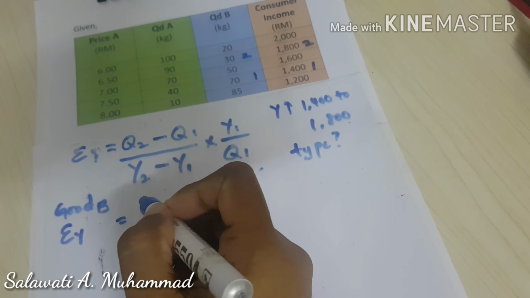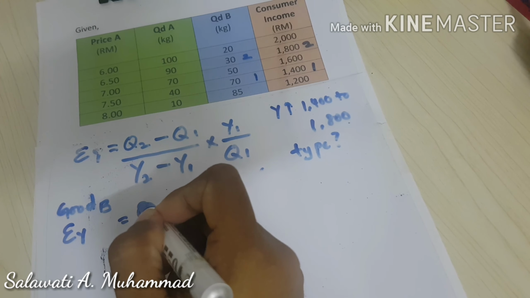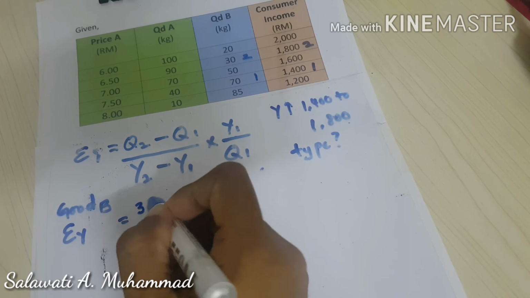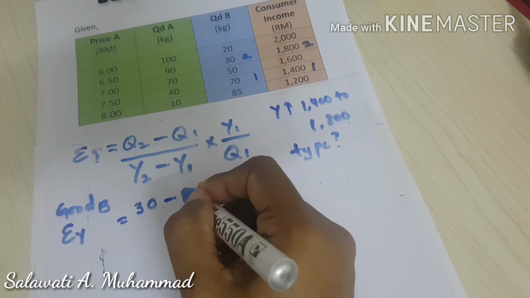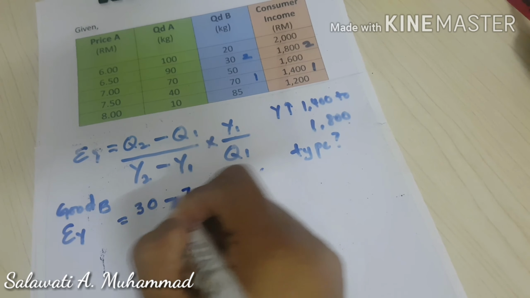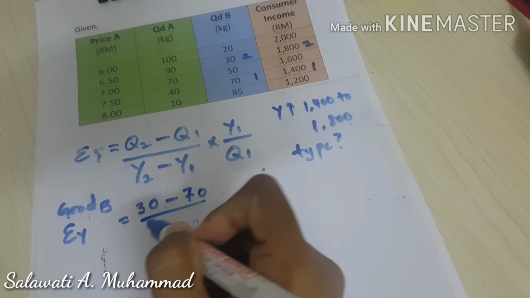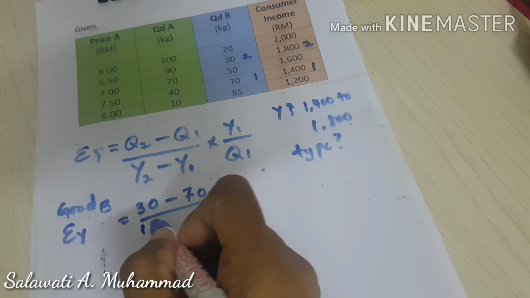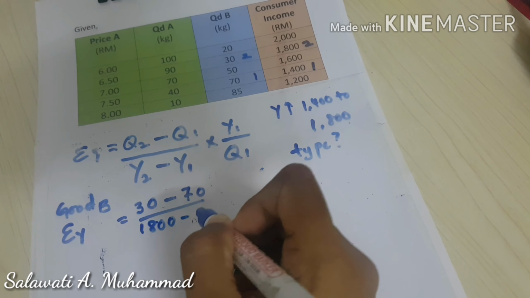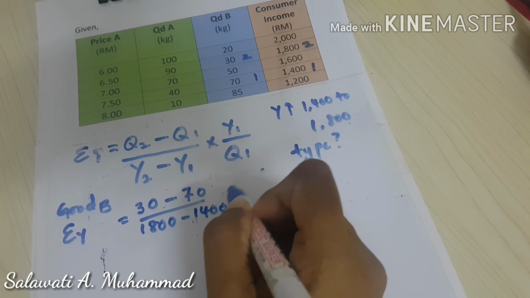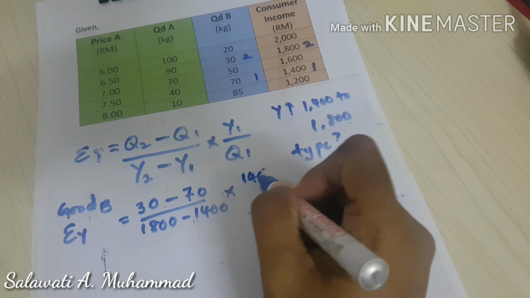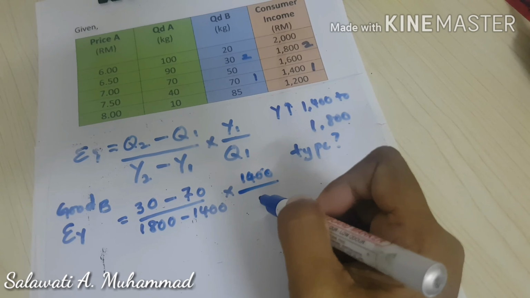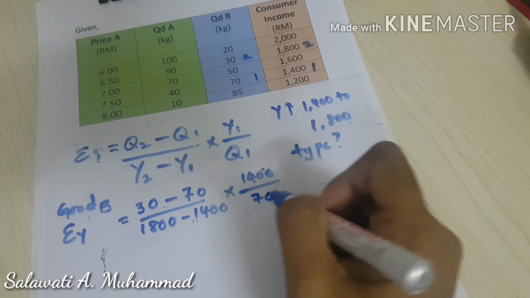So Q2 is 30 minus 70 over 1,800 minus 1,400, times Y1, 1,400, divided by Q1, 70.